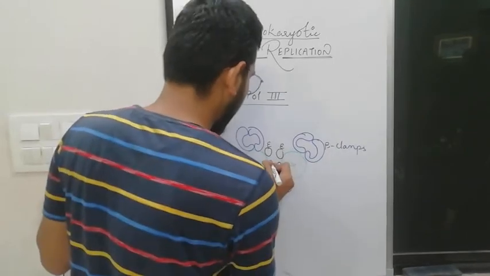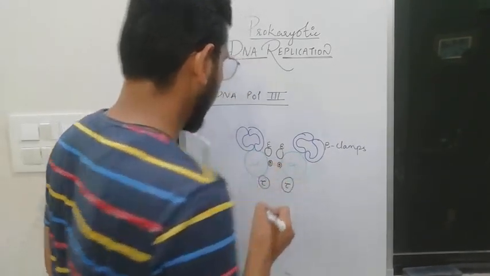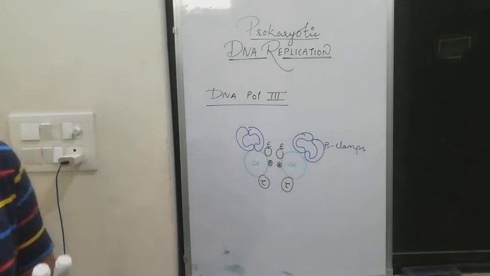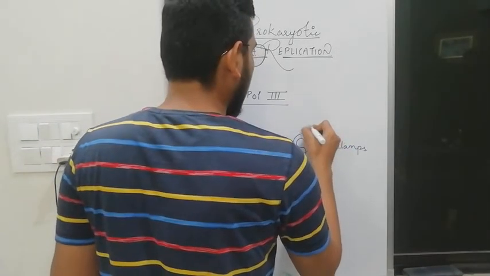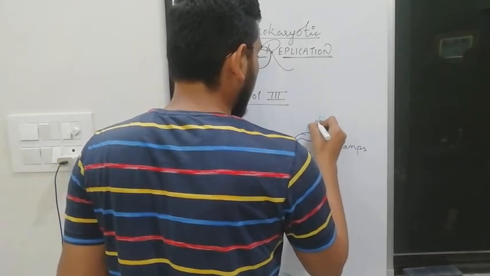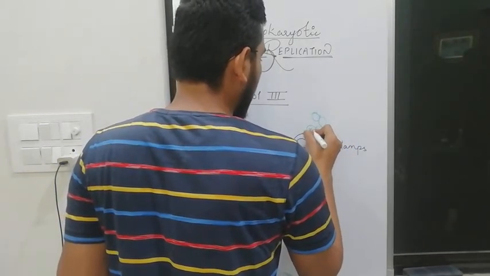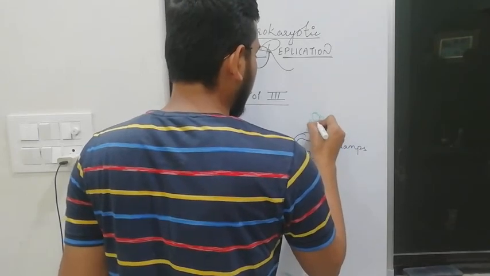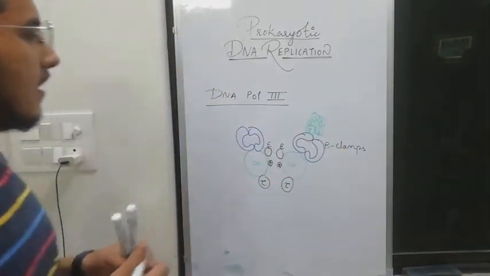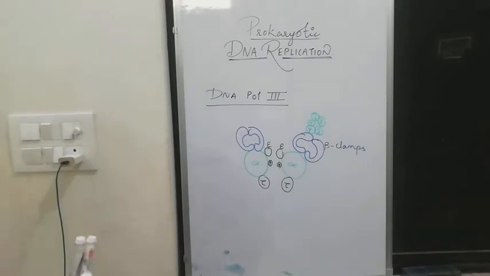We'll name these theta subunits, and also various gamma, delta, and other subunits are attached.